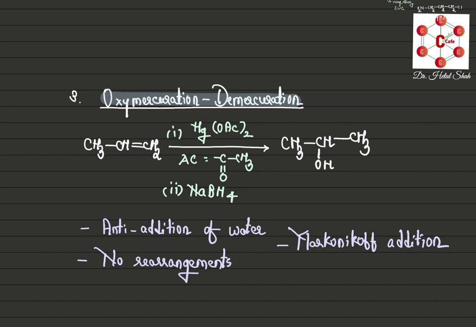So rearrangements occur only when you add acid in presence of water. Acidic hydration, there is rearrangement and Markovnikov. For remaining two, there is no rearrangement. HBO, that's hydroboration oxidation, is anti-Markovnikov addition, and oxymercuration, demercuration is Markovnikov addition without rearrangements in both of them.